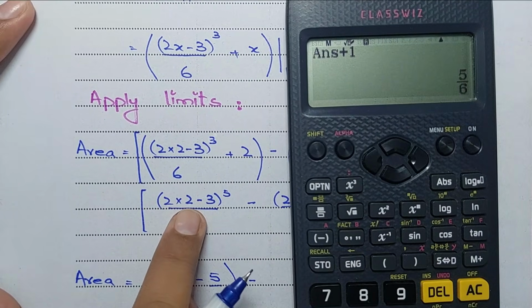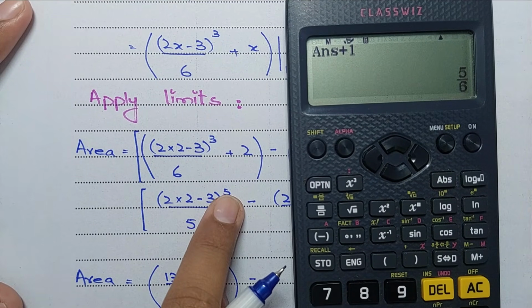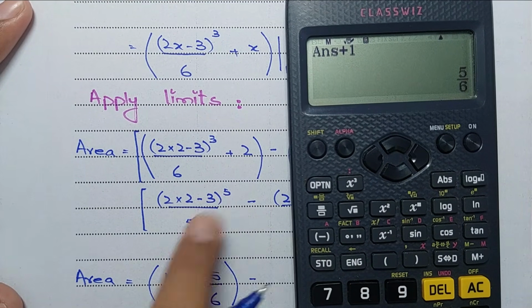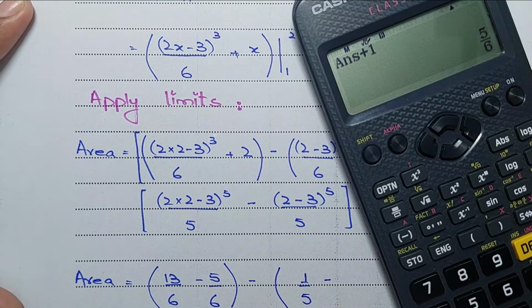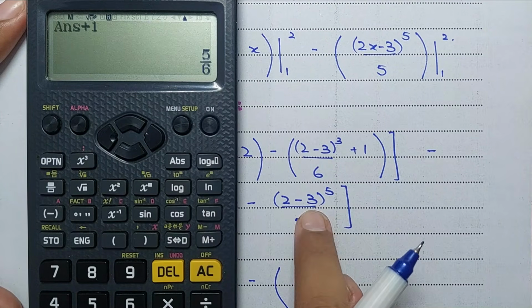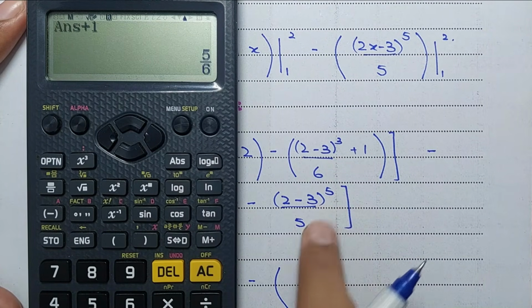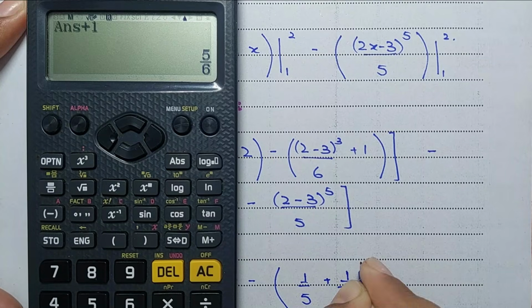Subtract: 2 times 2 is 4, 4 take away 3 is 1, 1 to the power 5 is 1. So 1 over 5, minus: 2 minus 3 is minus 1. Minus 1 to an odd power is minus 1. Minus 1 over 5, multiplying with the minus, is plus 1 over 5.